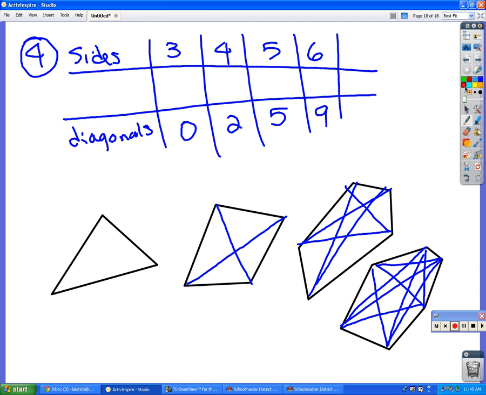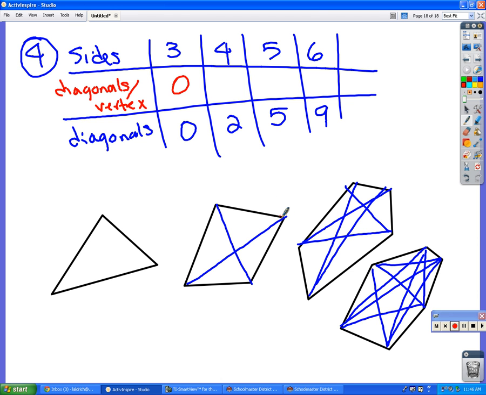What we want to do now is look at the number of diagonals per vertex. So instead of looking at the total number, let's look at the number that are coming out of each part right here. Okay? All right, so obviously this one has 0.